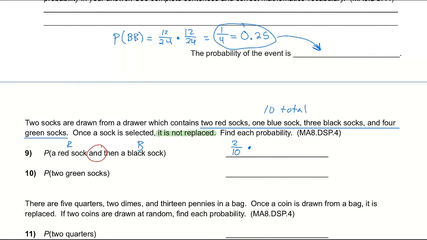So this is going to be multiplying. When you take one out, since it's not replaced, your total goes down to 9. The black socks are not affected by the red socks, though, so we'll use 3 for that. So 2/10 times 3/9. It's 1/15.